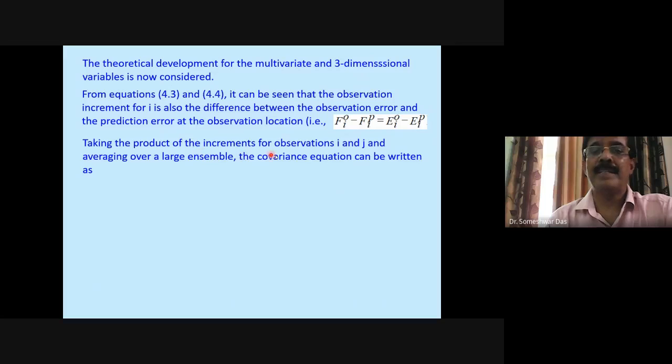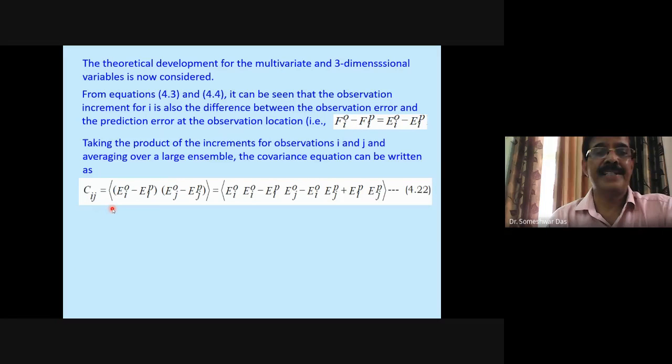Taking the product of the increments for observations I and J and averaging over a large ensemble, the covariance equations can be written as Cij, the covariance matrix, the product of (EIO minus EIP), the ith point, and (EJO minus EJP), the jth point, of the difference between observation and prediction error of the two points. This is equal to EIO times EJO minus EIO times EJP minus EIP times EJO plus EIP times EJP, all statistical relationship.